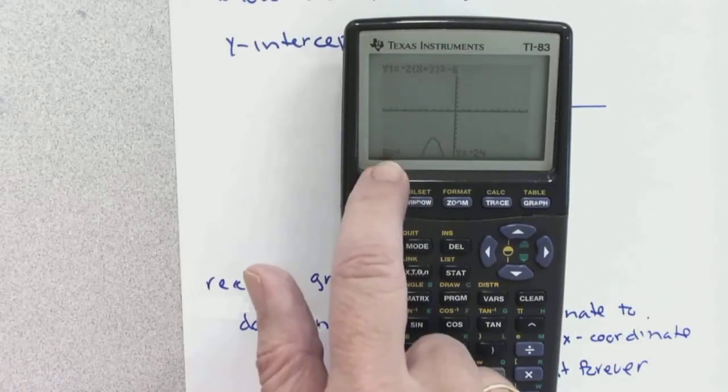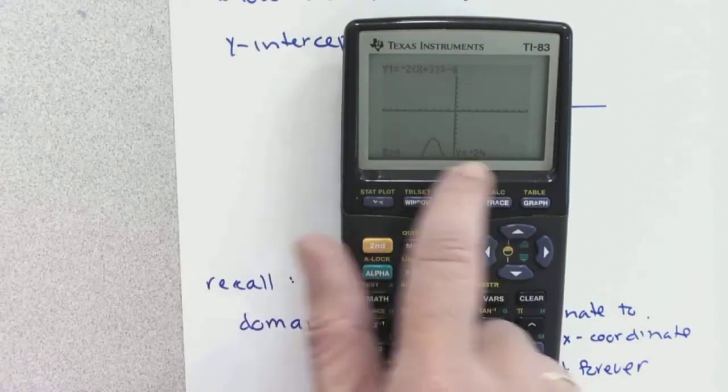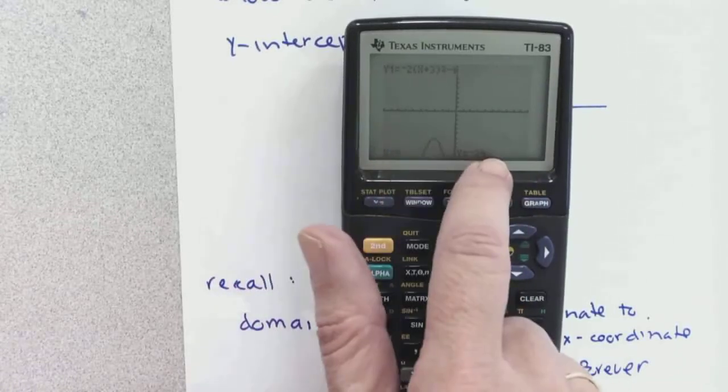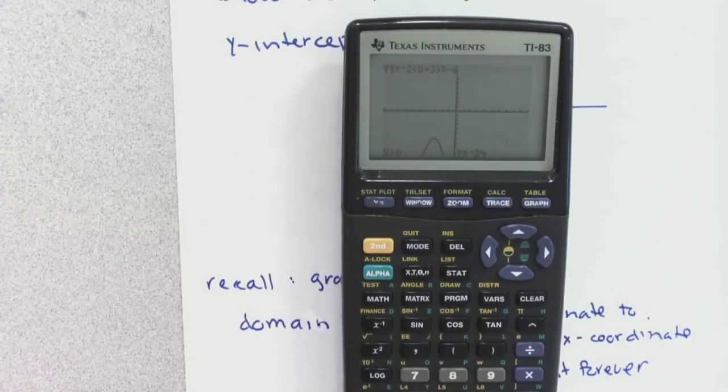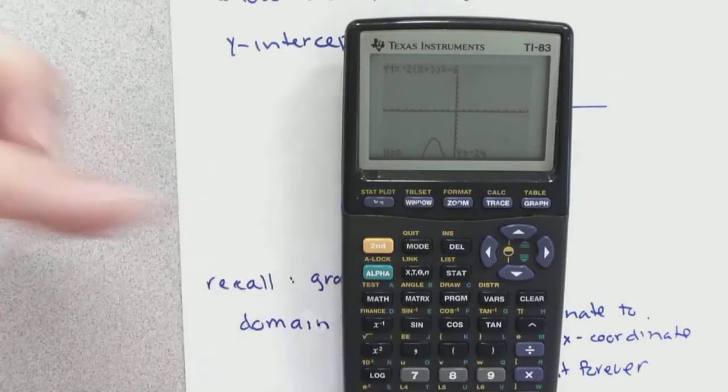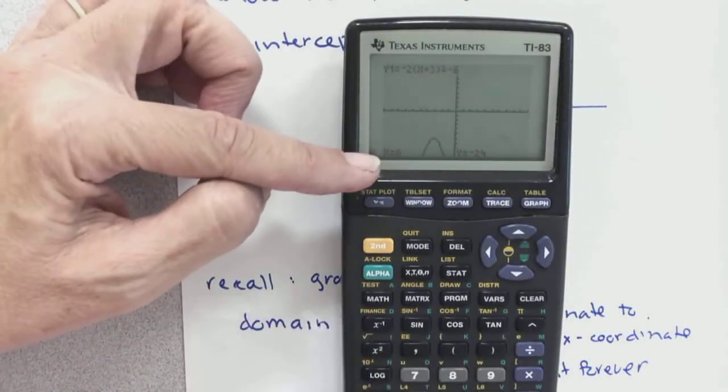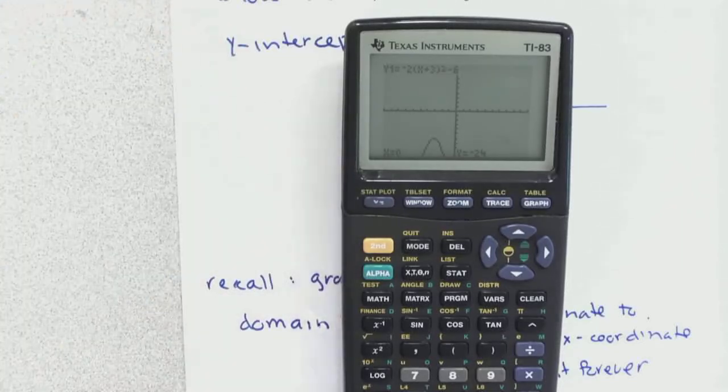Notice the x-coordinate is 0, y-coordinate negative 24, so that is the y-intercept. And that's what we calculated before. But we don't see it because we did the standard window of negative 10 to 10, so that wasn't an appropriate window here.